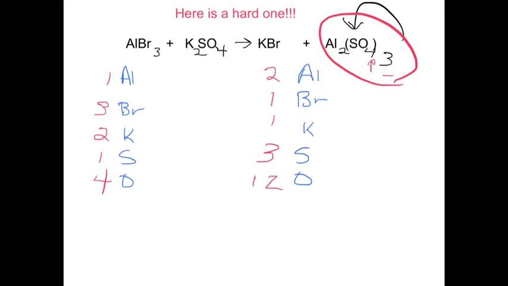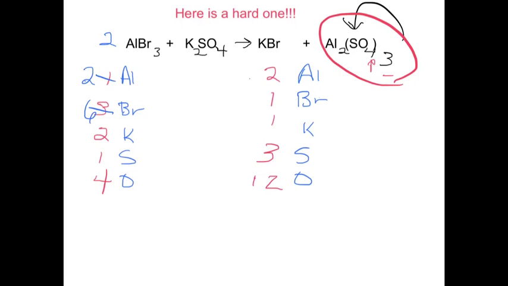Okay, so now let's go about balancing this equation. We can see that I have 1 aluminum here and 2 aluminums here. So I can fix this left-hand side by adding a 2 in front of that compound. I now have 2 aluminums, and a total of 6 bromines, so I'm going to put a 6 right there.